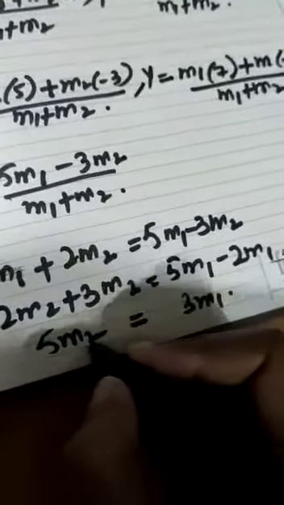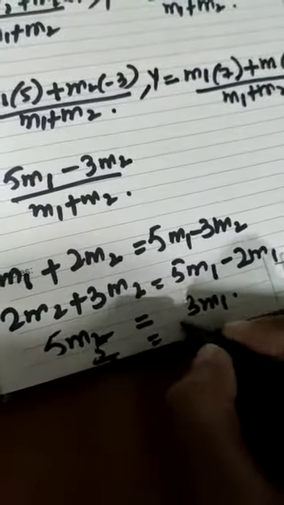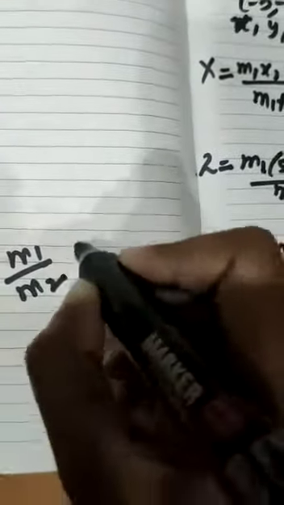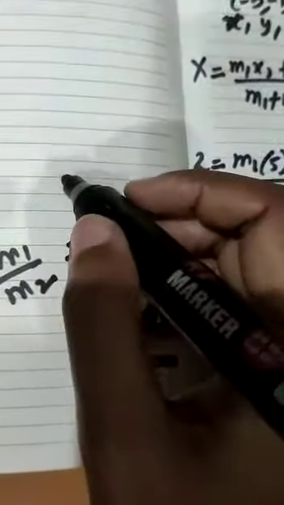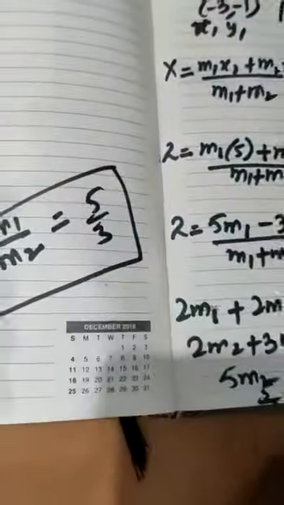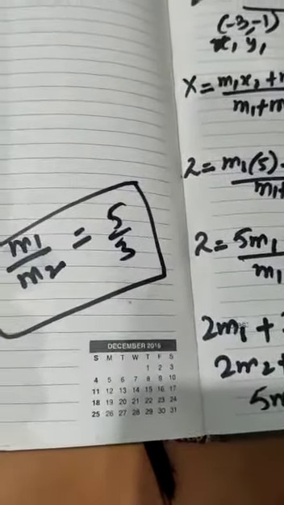So 5 over 3 is equal to m1 over m2. So m1 over m2 is equal to 5 over 3.